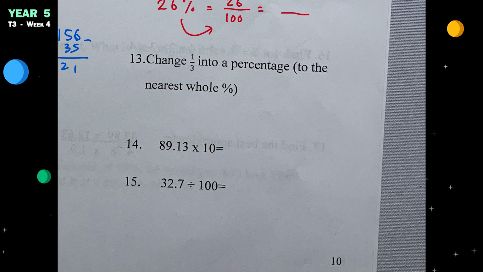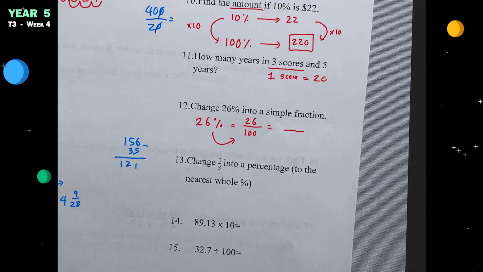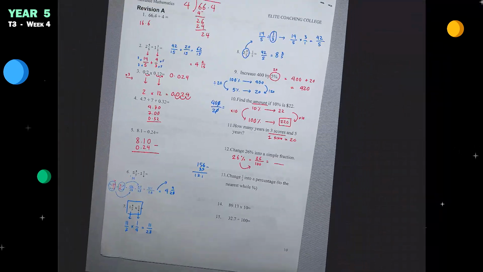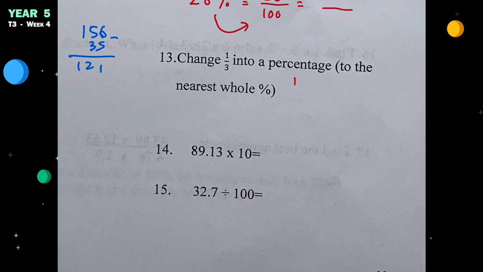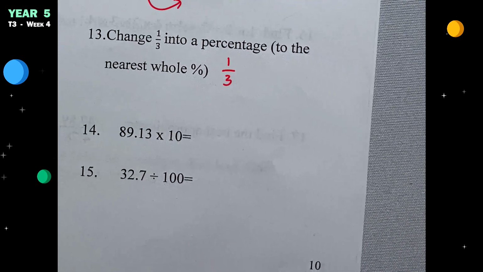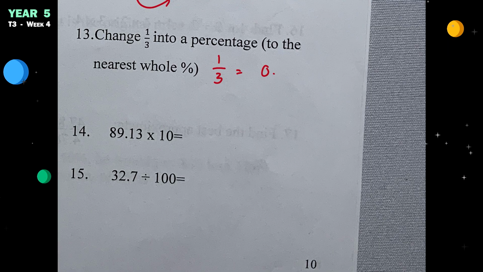Change 1/3 into a percentage to the nearest percentage. Wait, did I miss a question? I feel like I missed. No, okay, that's fine. Change 1/3 into a percentage to the nearest whole percentage. Okay, so 1/3, I'll give you just that one quickly, is 0.3333 forever, repeating forever. So that's a decimal. We change from fraction to decimal.